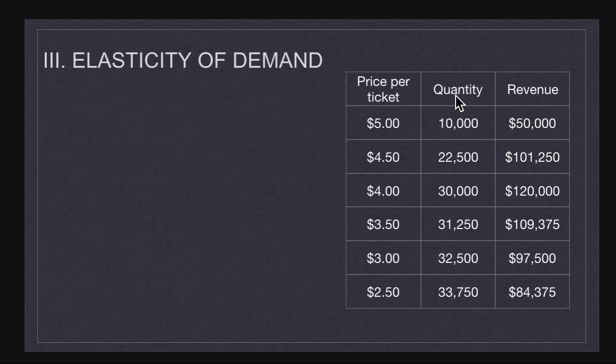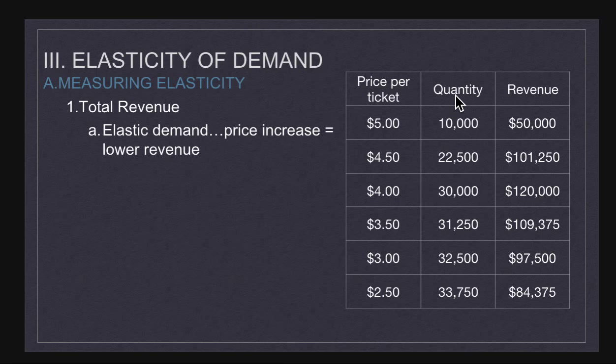So we can show this here in an example table looking at the total revenue test. The total revenue test looks like this, where we look at elastic demand, which would be determined when a price increase gives us lower revenue.